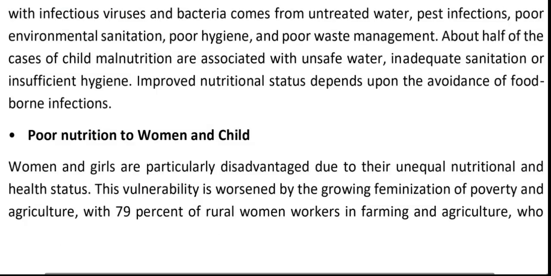Though the government has targeted schemes and programs for women and children, there is still a challenge of poor nutrition among women and children, because these are particularly the disadvantaged sections in our society, and the vulnerability increases with the growing feminization of poverty and agriculture.